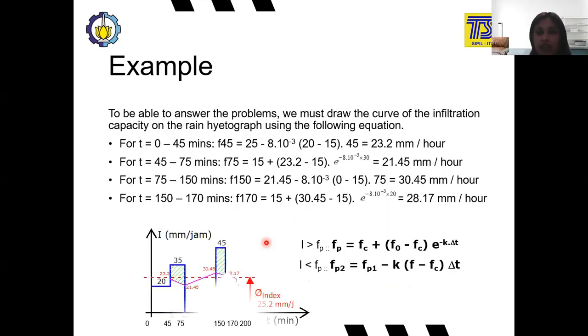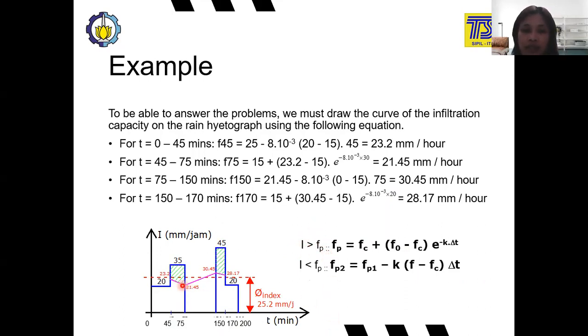How can we calculate it? First, we have to draw the curve of the infiltration capacity on the rain hydrograph using this equation. So we have to draw the curve of the infiltration capacity, the FP curve, using the following equation by comparing the rainfall and the capacity of infiltration.